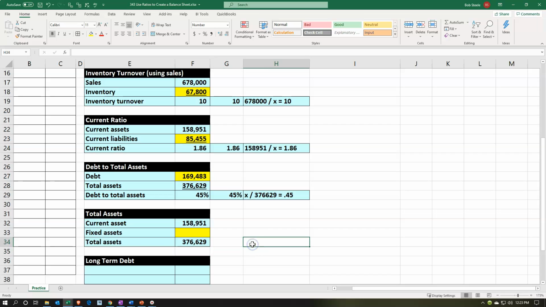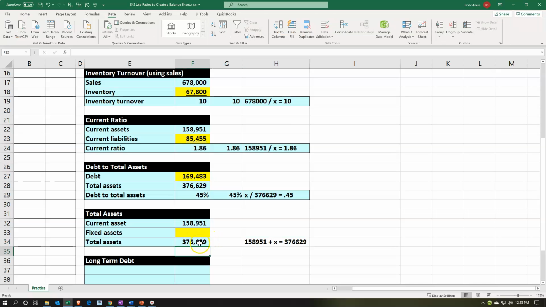So we can do our algebraic equation, which is going to be the 158951 plus x is going to be equal to 376629. And then we could do the algebra, or I can do the goal seek. So let's do goal seek. I'm going to delete this and put in the equation, which will be the current assets plus fixed assets.